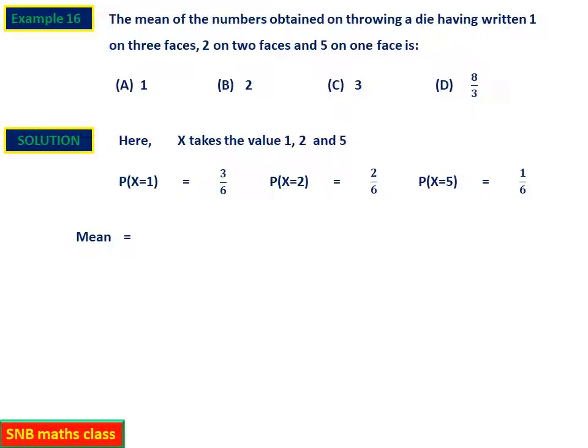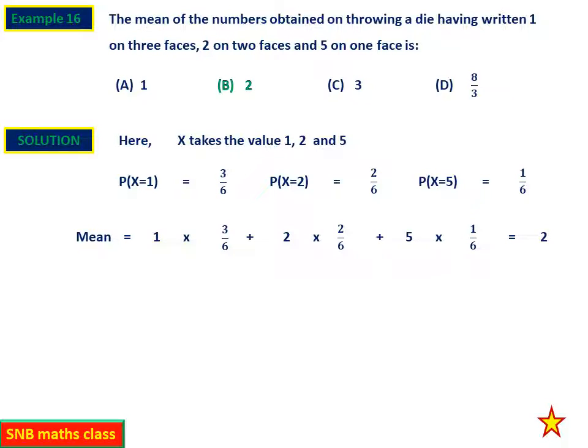Now what do I have to calculate? Mean is equal to, what is the formula? 1 into 3 by 6 plus 2 into 2 by 6 plus 5 into 1 by 6. So you have to simplify this. So this will be 2. Therefore definitely the option is 2.